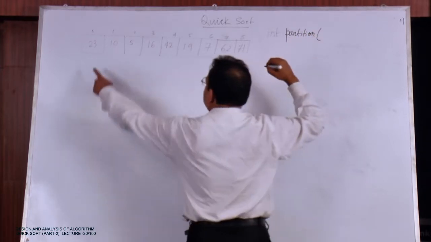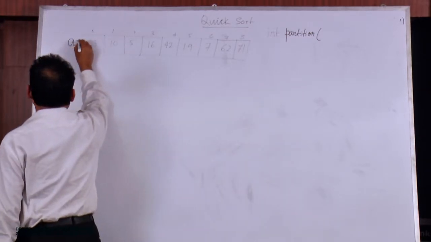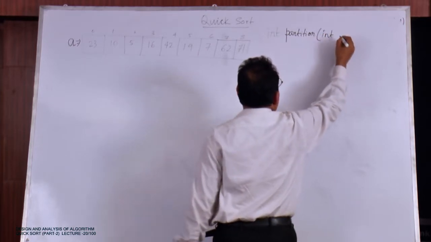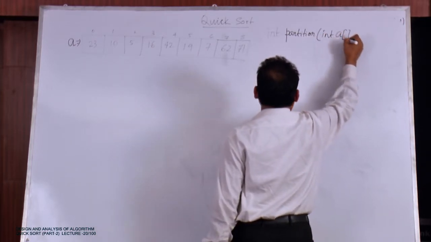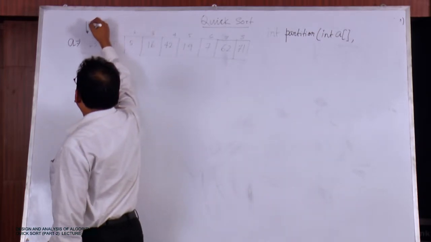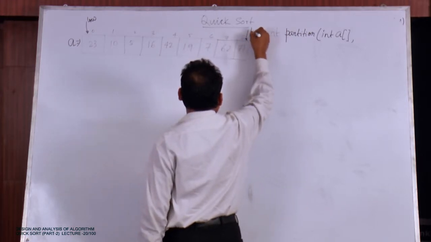So, we are calling this partition, and what is passed is this array. Let us call the name of this array A. So, array of integers int A, and this array is bounded by 2 indices, low and high.